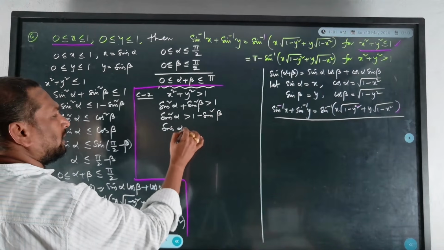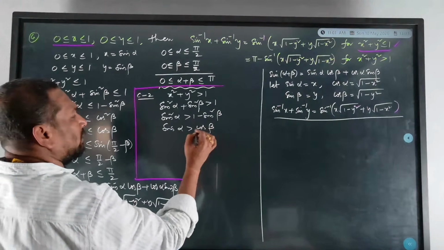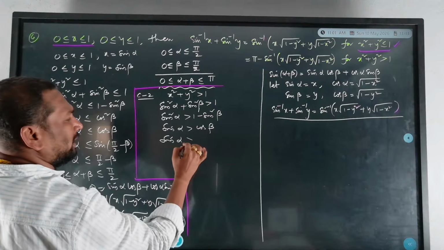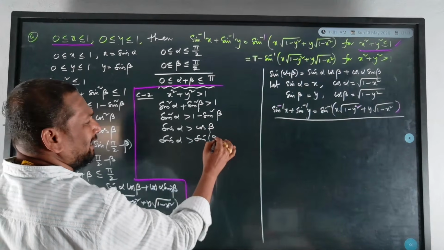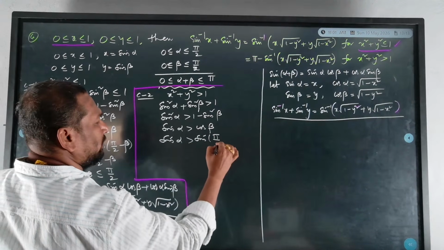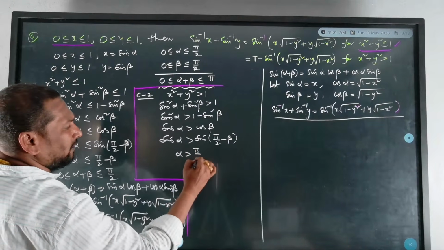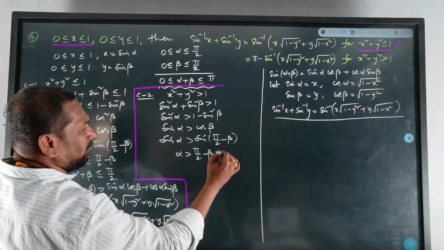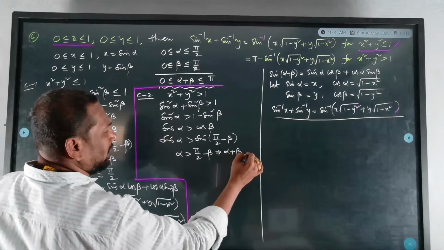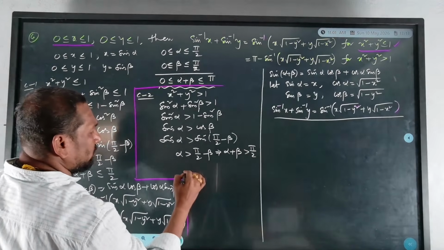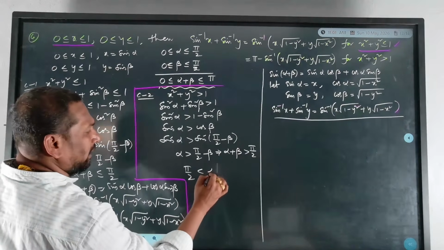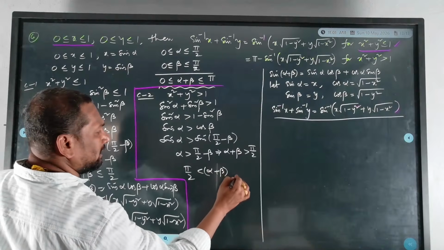So sine alpha is greater than sine of pi by 2 minus beta. So alpha is greater than pi by 2 minus beta, that implies alpha plus beta is greater than pi by 2. So pi by 2 is less than alpha plus beta, which is less than pi.